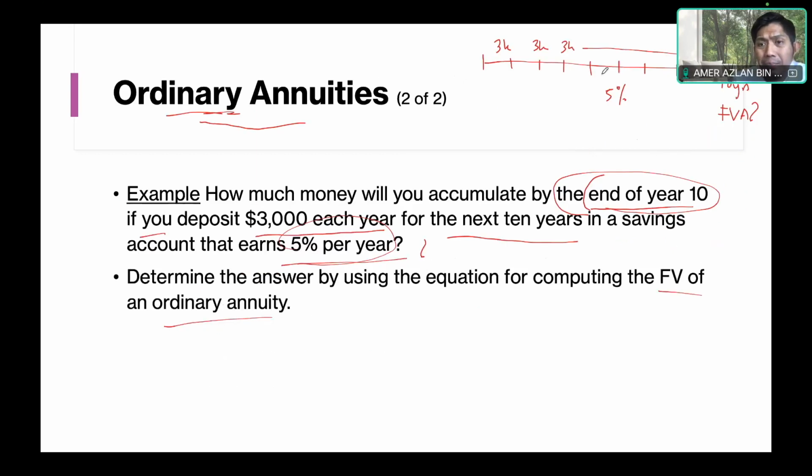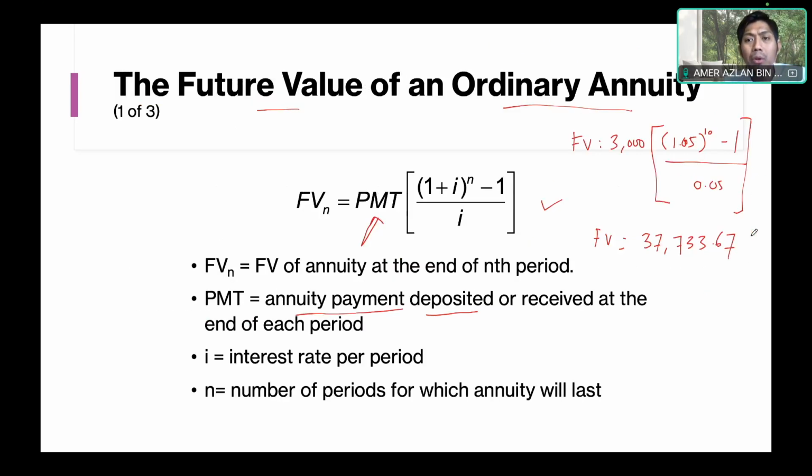So which means that if you save consistently 3,000 at the end of every year, by the end of year 10, the value of your savings will grow up to 37,733.67, or to be exact, $37,740. And that's how you calculate the future value of an ordinary annuity.